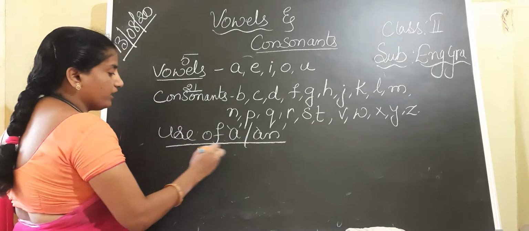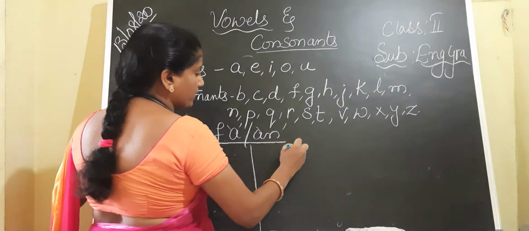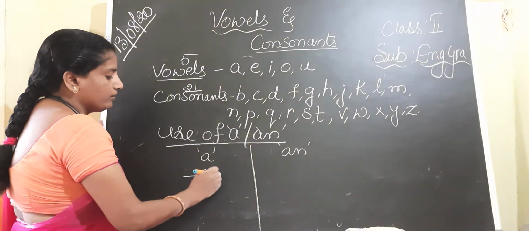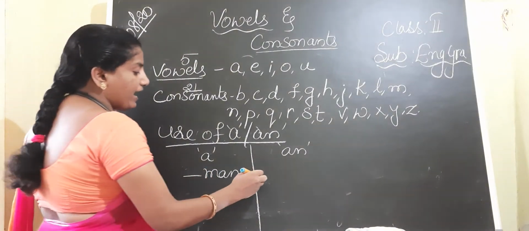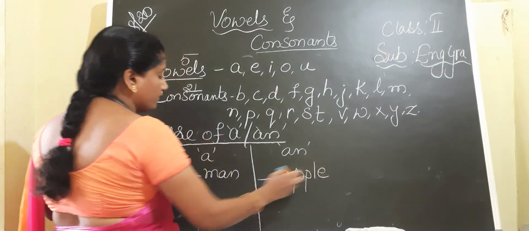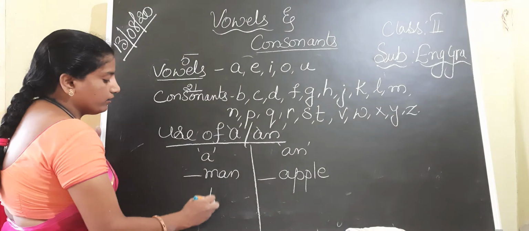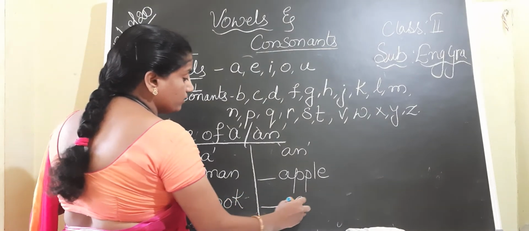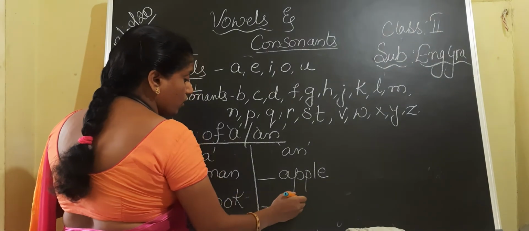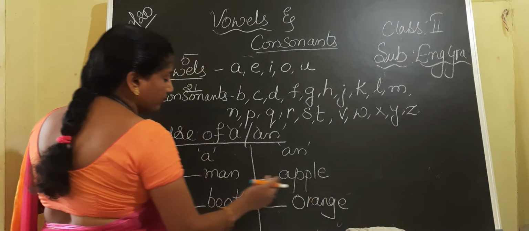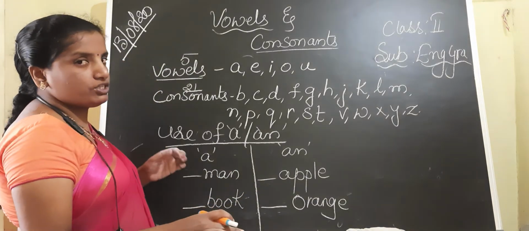Here I am writing A, here I am writing AN. Now how to use? Dash man, dash apple, dash book, dash orange. I am taking two words today only, children.